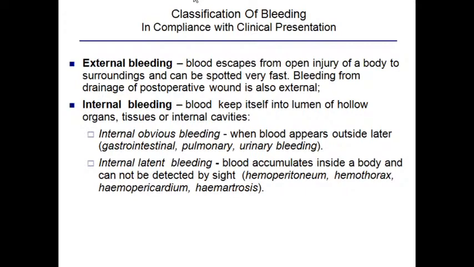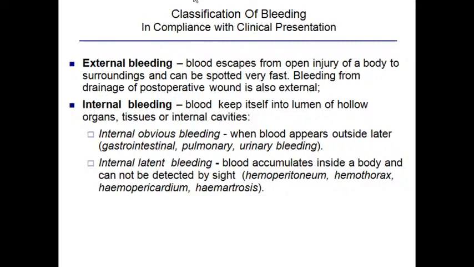And bleeding can be internal. Blood keeps itself in the lumen of hollow organs, tissues, or internal cavities. There are two types of internal bleeding. The obvious variant is when blood appears outside later, after the moment of rupture of the vessel. For example, gastrointestinal bleeding from peptic ulcer, pulmonary or urinary bleeding.